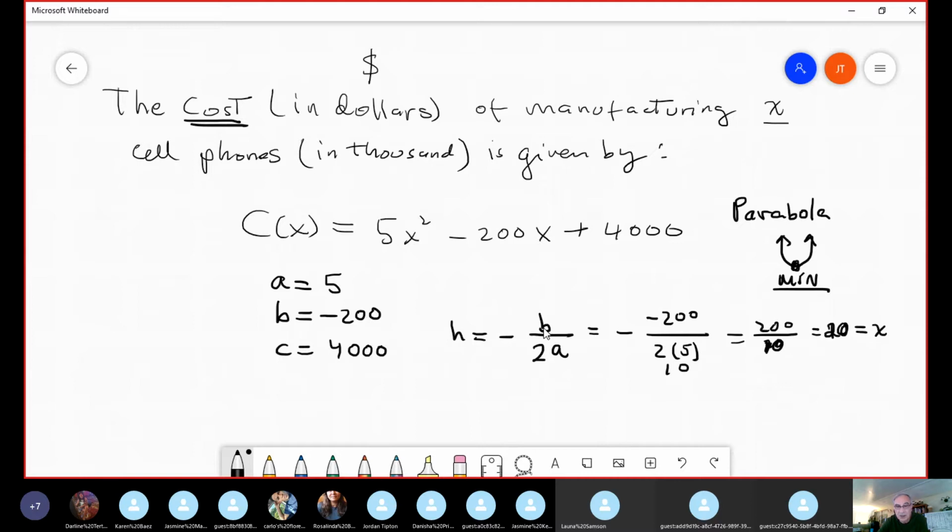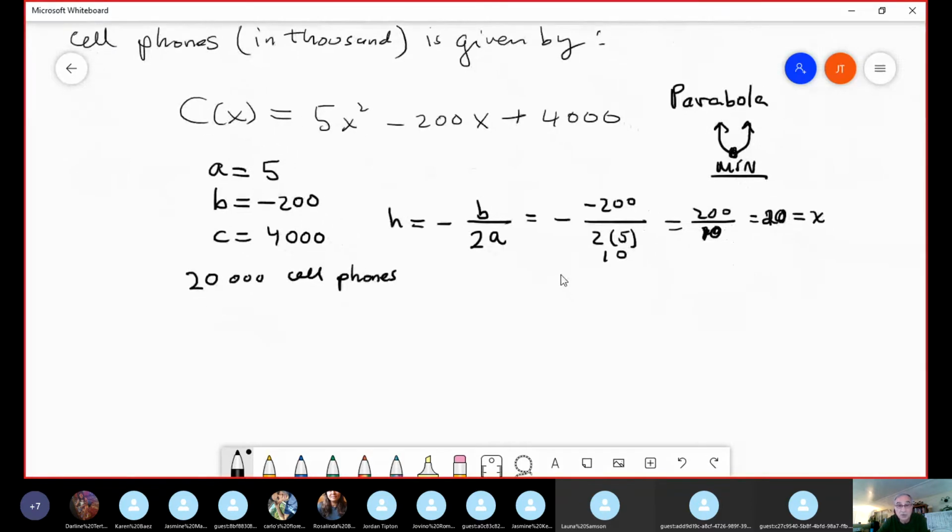So basically, the optimum is to manufacture 20,000 cell phones. Now the cost for this manufacturer is the function evaluated at 20: 5 times 20 squared minus 200 times 20 plus 4,000.